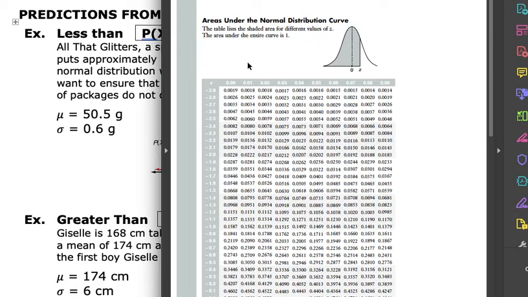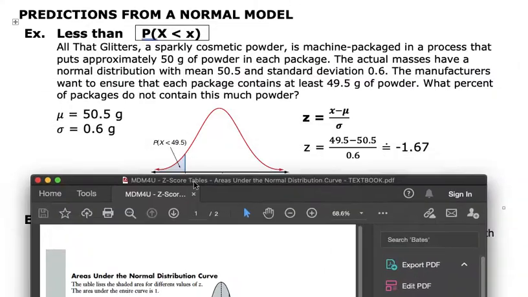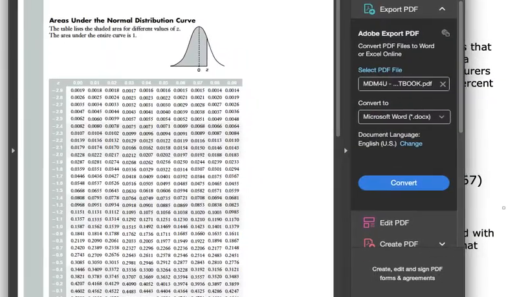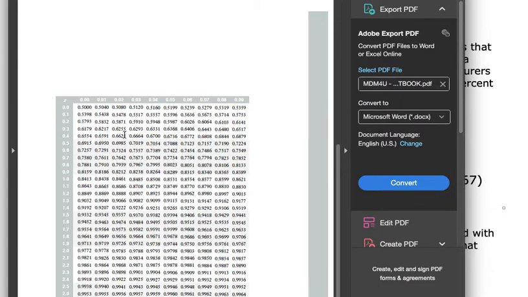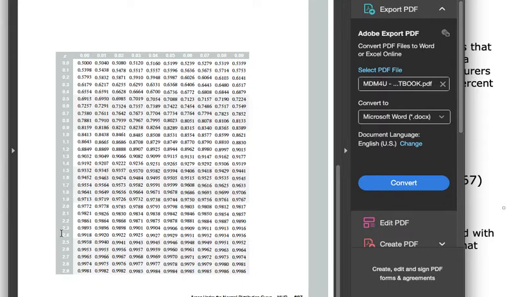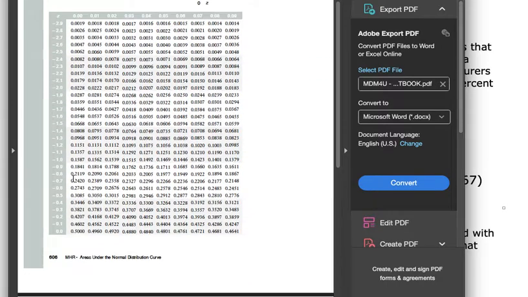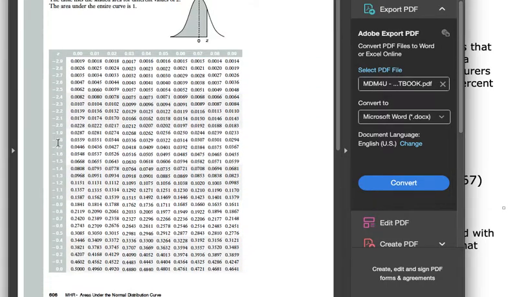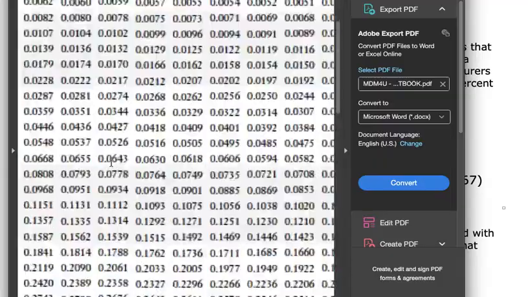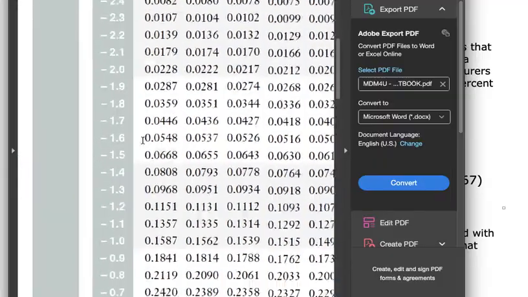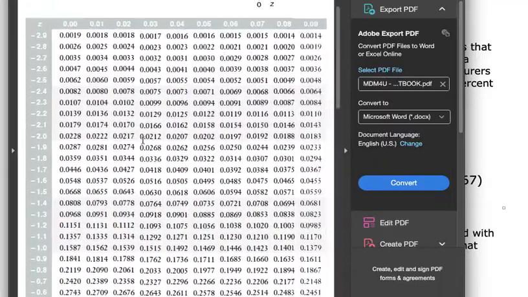So I'm going to pull up the z-score table here. Our score was negative 1.67. Notice that in our textbook there's two pages, this page and this page. The only difference, these are positive values, these are negative values. And what we're going to do is look at negative 1.6. Negative 1.6, that's as close as we can get to the nearest tenth, but then we need to add precision to the nearest hundredth.